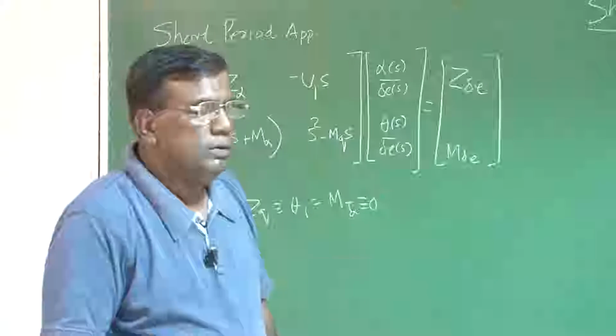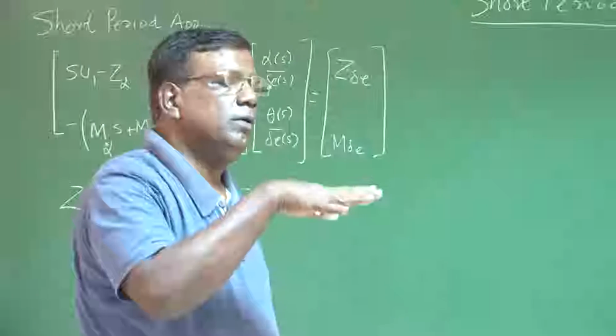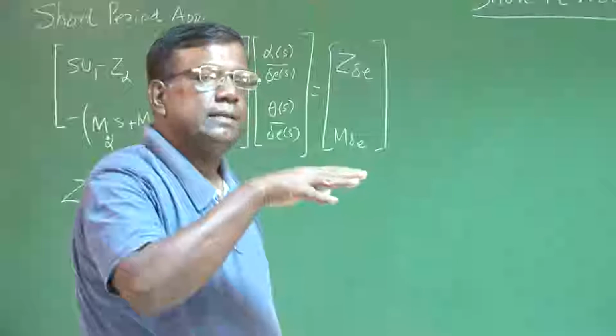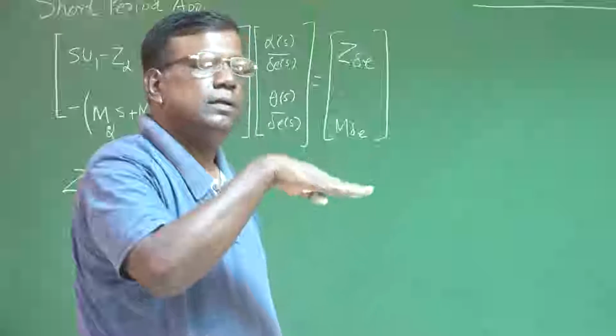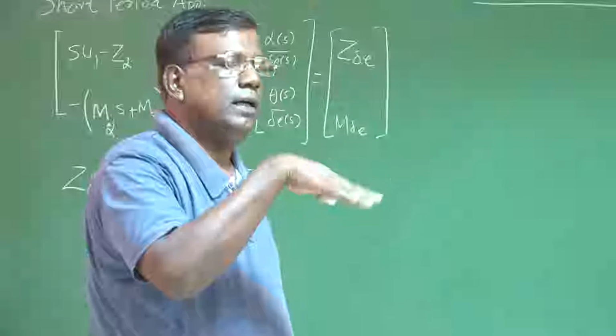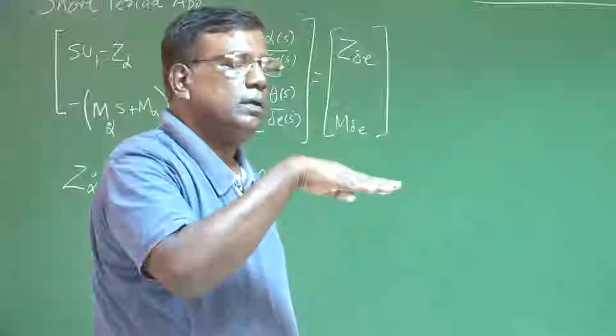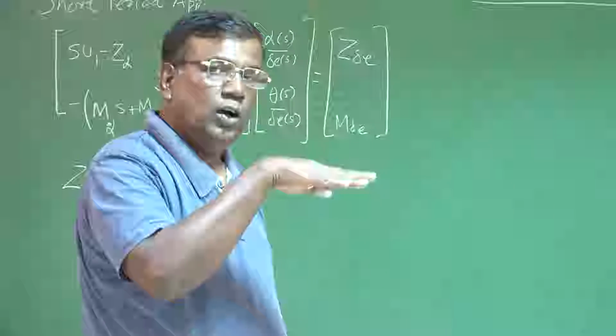We know now that the airplane in longitudinal mode can get excited primarily in short period, like it just oscillates like this and comes back to equilibrium in a very short time.